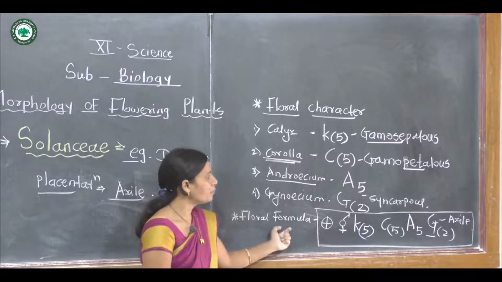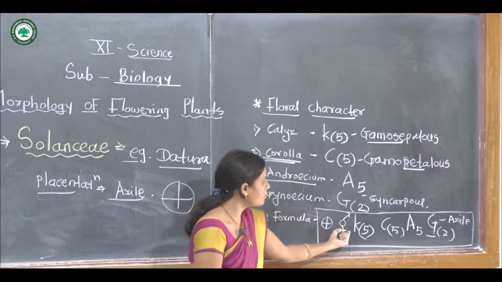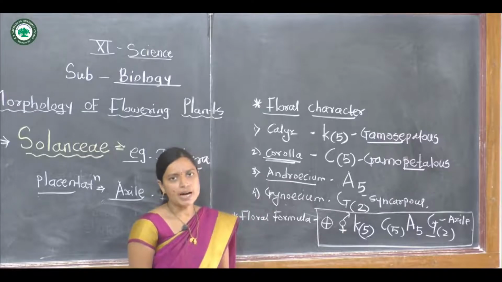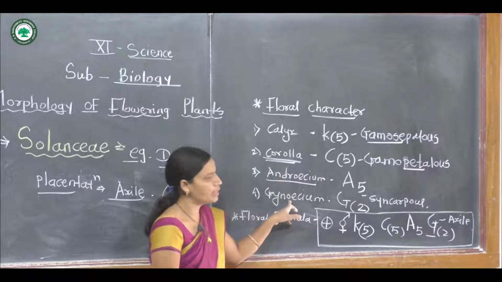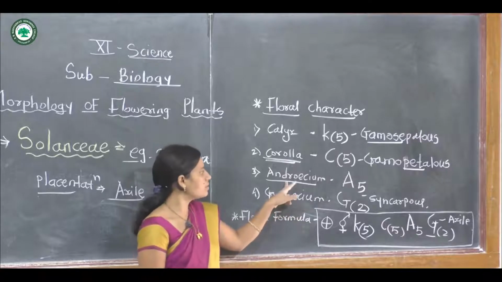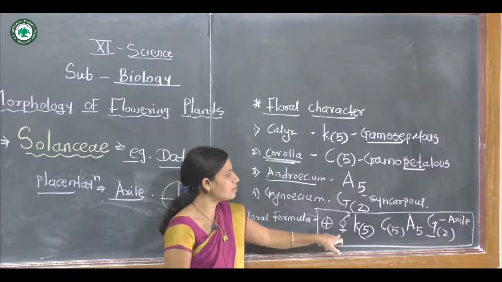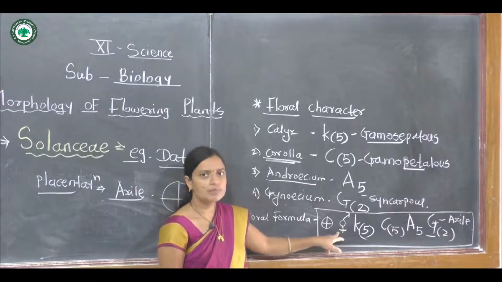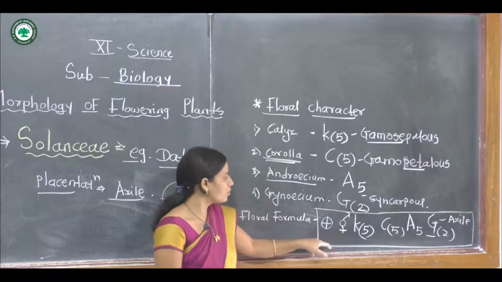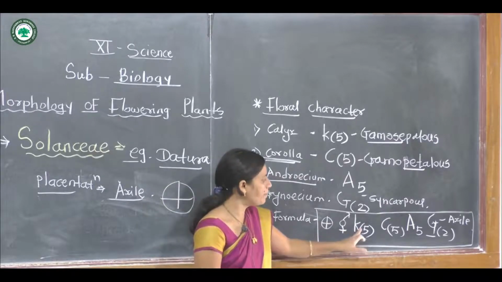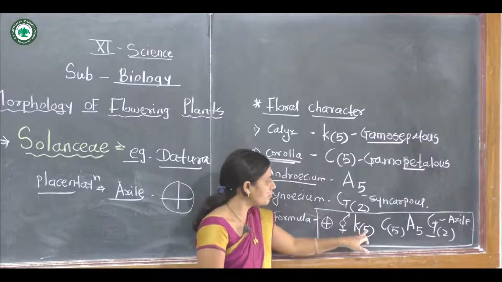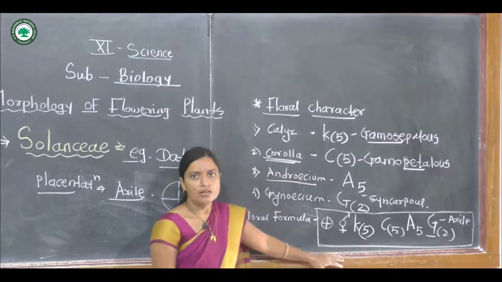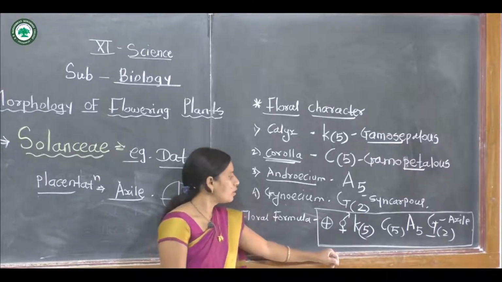Next, this symbol indicates a bisexual flower, meaning both androecium and gynoecium, the male and female reproductive parts, are found in this flower. Next, the symbol capital K means calyx. The calyx number is 5 in Datura, meaning the Solanaceae family.